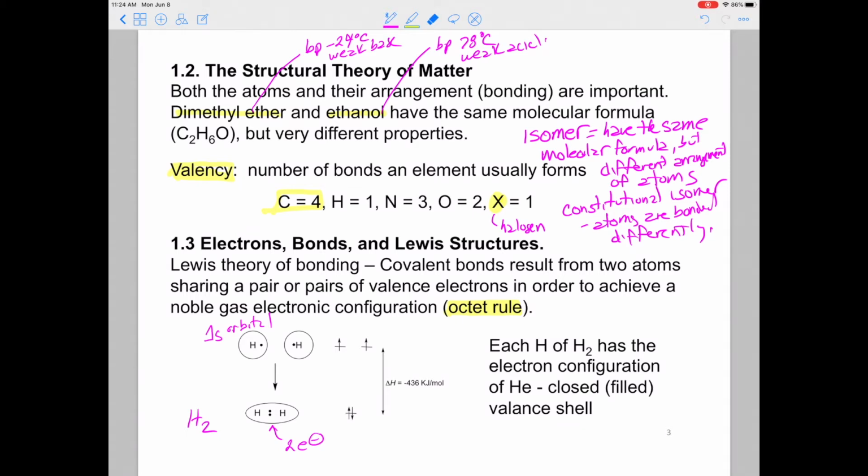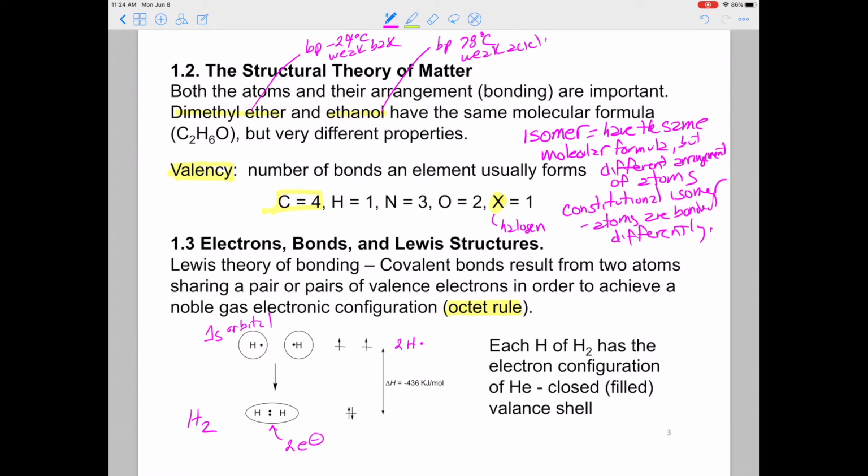We can look at the energetics of this process of 2 hydrogen atoms forming H2 on the right. At the top here, we have the 2 hydrogen atoms, and the arrows represent the electrons, and we use these arrows because this represents the spin of the electrons.